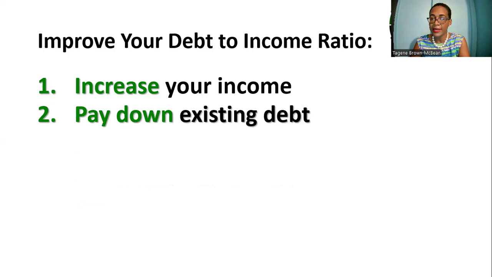Then it would be a good idea to do so, because when you do the calculation again, your percentage is going to change, basically it's going to change from the bad category depending on how much difference was made in income and how much loans you actually paid off, how much credit cards you actually paid off.